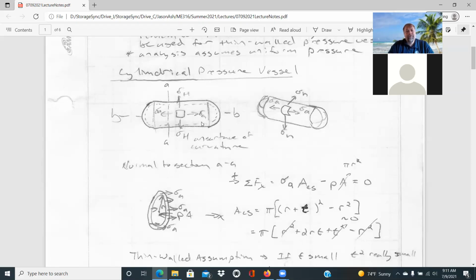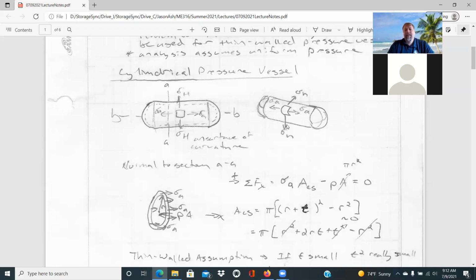And so what we'll do is, if you were to look at, say, an isometric view, that's going to be along a curved surface, where you have your axial stress along the length and your hoop stress around that curved surface, representing that circular shape of the pressure vessel.